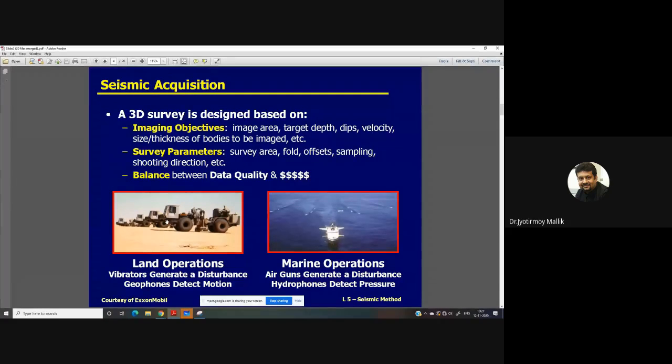Seismic surveys are not only important in the oil and gas industry. For example, if you want to create a nuclear reactor or a nuclear disposal site, you also have to know about your subsurface. In those cases as well, seismic surveys are hugely helpful.